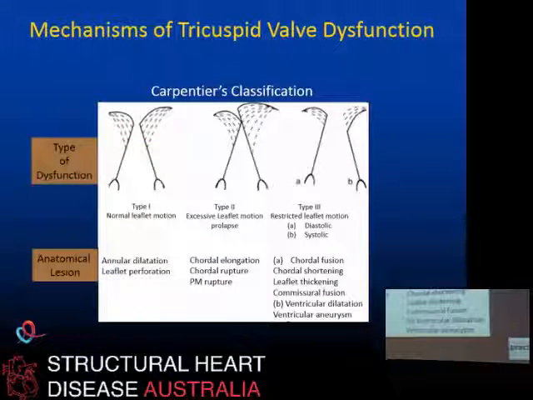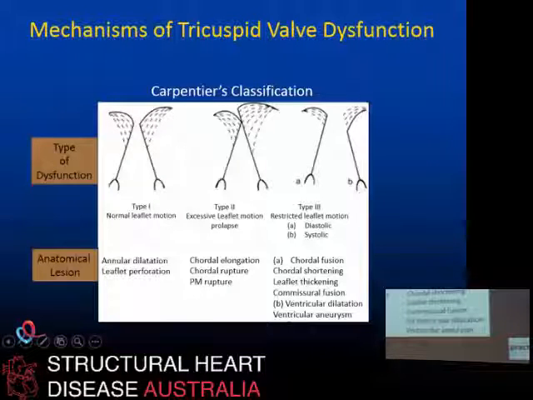Primary involvement of the tricuspid leaflets is a less common cause of tricuspid valve dysfunction. When leaflet motion is excessive, such as in the case of prolapse, or due to caudal elongation or rupture, tricuspid incompetence is common, and this is type 2 tricuspid valve dysfunction.